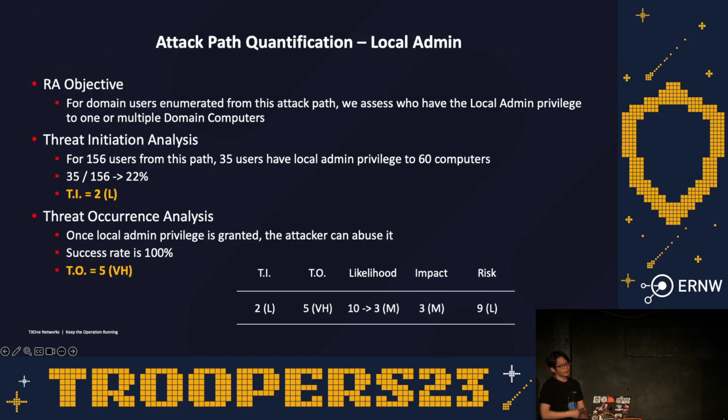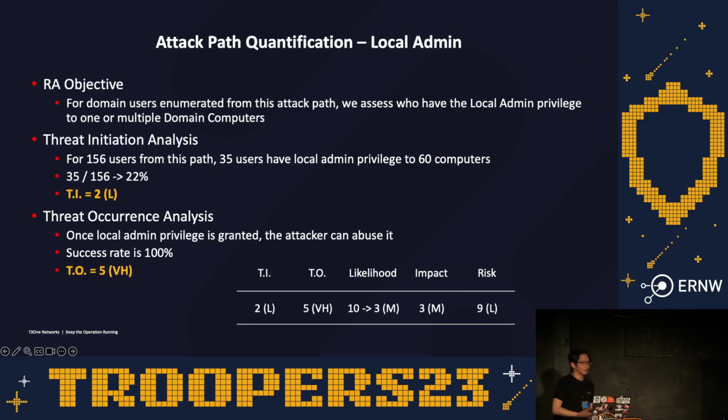So first, we have the local admin attack vector. Our RA objective will be the domain users enumerated in this attack path who have local admin privilege to one or multiple domain computers.